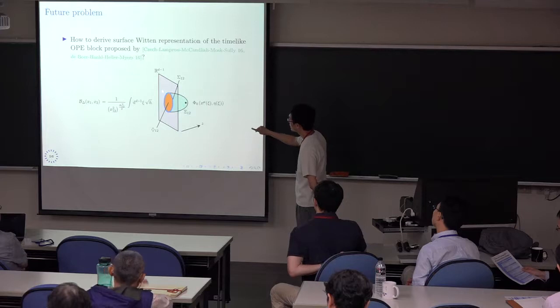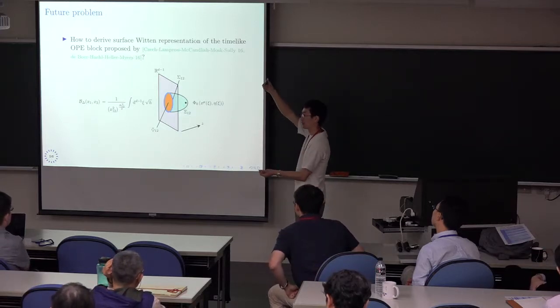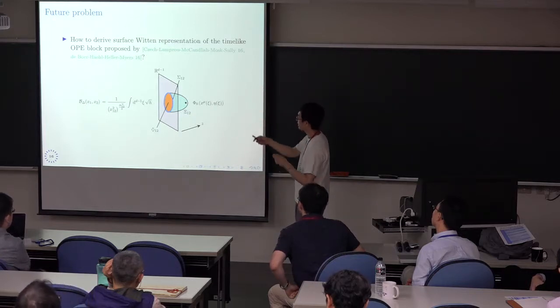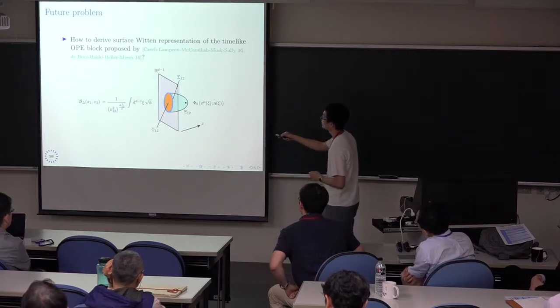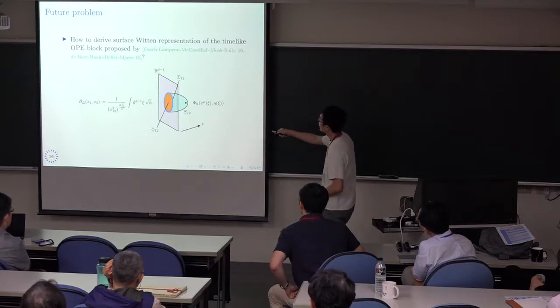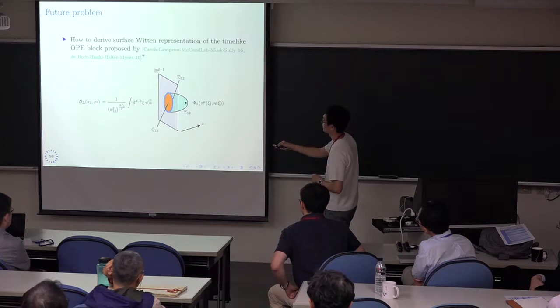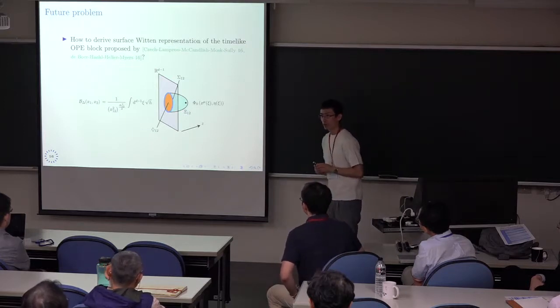This is the causal diamond between timelike separated points x1, x2. If you have a causal diamond, then you can naturally associate a codimension-two surface in the space-like section, and you draw some kind of RT-like surface in the ball, and you smear the bulk field on it, and then you can get the timelike OPE block. So this is their proposal.